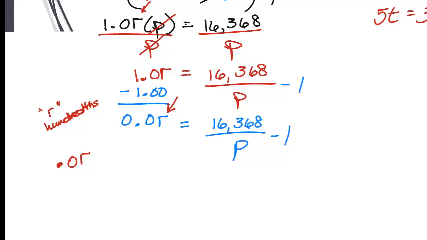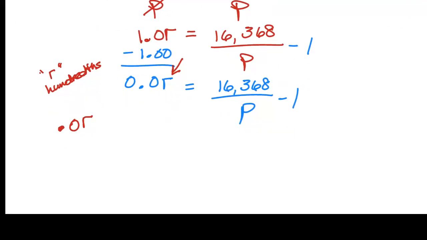If I want r by itself, where do I want that decimal point to be? How do I move it to the right? Yes, very good. Very good tag team answer there. Yes, you would want to multiply by 100. And when you multiply a decimal by 100, you move it 2 places to the right.